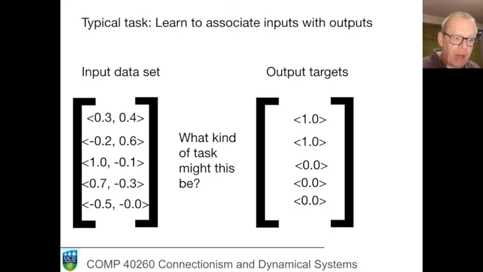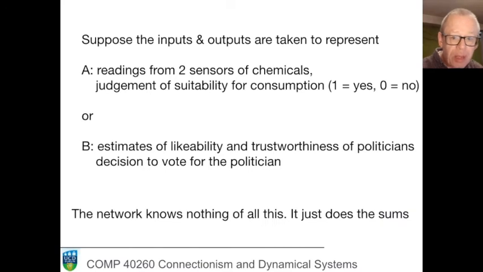So I'm going to give you 2 possible sources for these data. Supposing, for example, the inputs came from readings of 2 sensors of chemicals, and the output was a decision as to whether the resulting mixture or the chemical so measured was suitable for consumption.